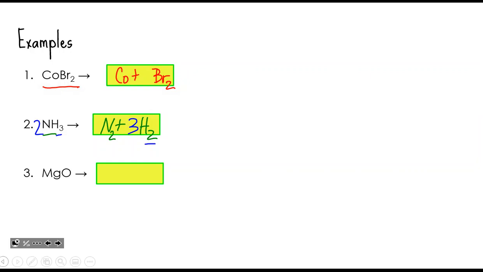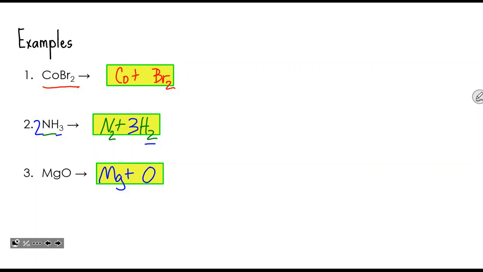Last but not least on our decomps, MgO, magnesium oxide, breaking apart. So we get Mg plus O. Is magnesium diatomic? Yes or no?